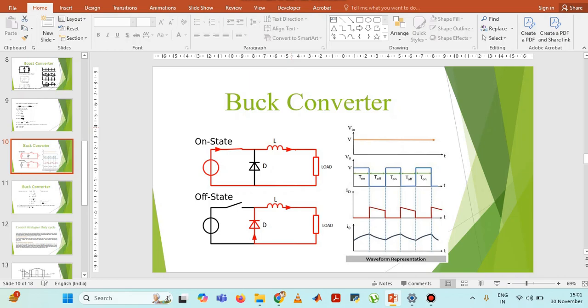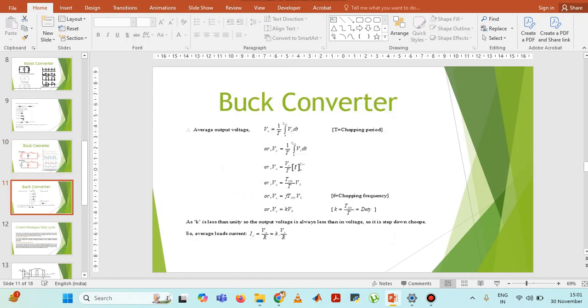The frequency is 1 by T, with T kept constant. The average value of the output voltage is V0 equals 1 by T integral from 0 to T of Vs dt. After solving the integration, we get the output equation V0 equals K into Vs.